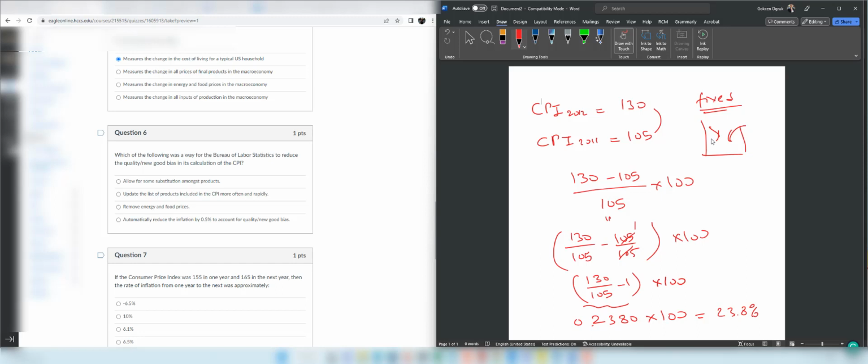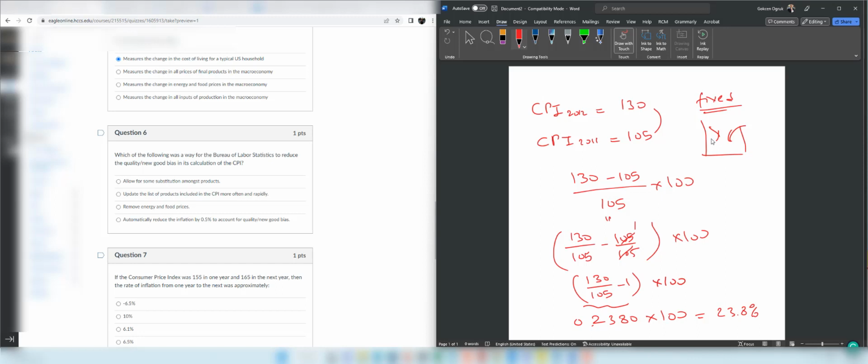But you know that the iPhone you buy today doesn't have the same quality as the iPhone you bought 2-3 years ago. If the CPI is based on a fixed basket, then the price increase in the good may not be just because of inflation, but because the quality of the iPhone is better. Or new goods could be introduced in the economy, which a fixed basket may ignore.